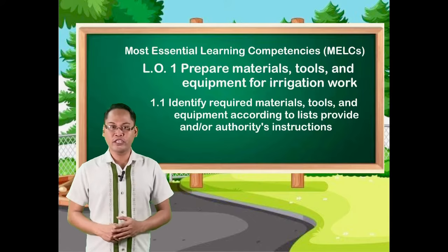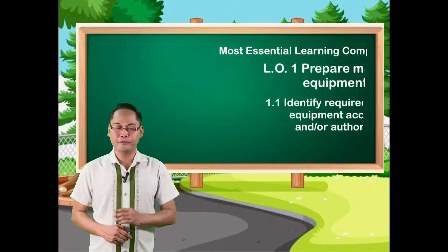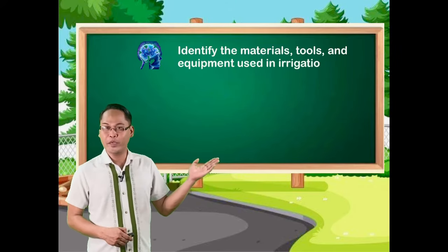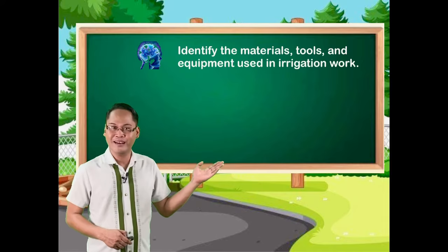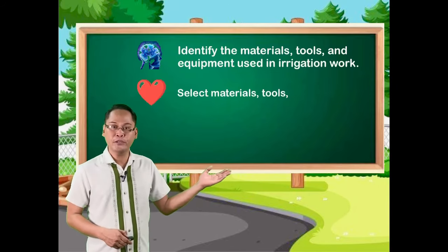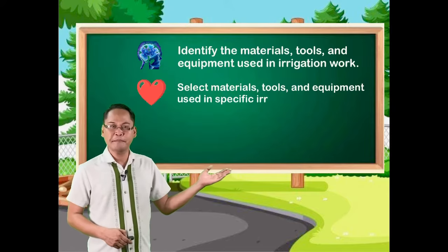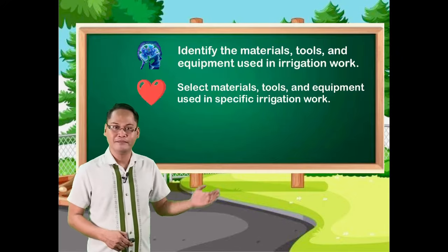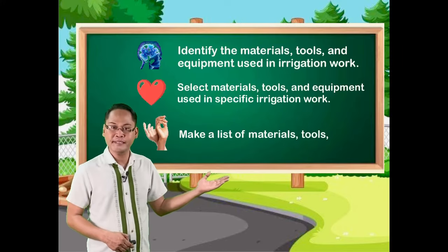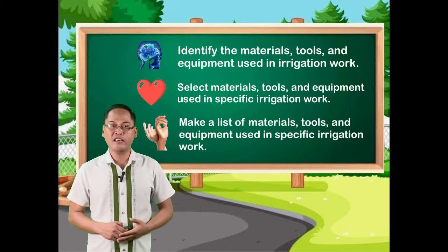In this session, you should be able to identify the materials, tools, and equipment used in irrigation work. Select materials, tools, and equipment used in a specific irrigation work. Make a list of materials, tools, and equipment used in a specific irrigation work.